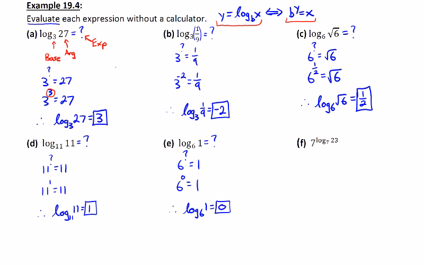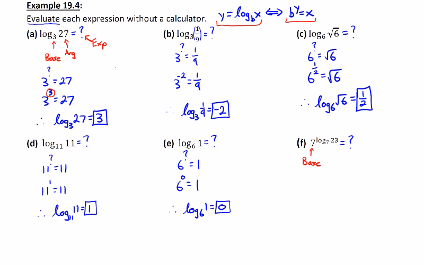And then finally, we have 7 raised to the log base 7 of 23. Again, this is an expression, not an equation. So we can make it an equation by setting it equal to a question mark. Now this is where we're going to run into a different situation, because this is not a logarithmic equation like these other ones are. It's different. If I try to diagram this out, 7 represents the base.